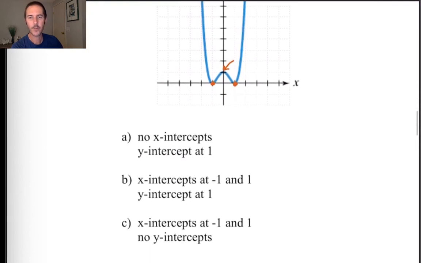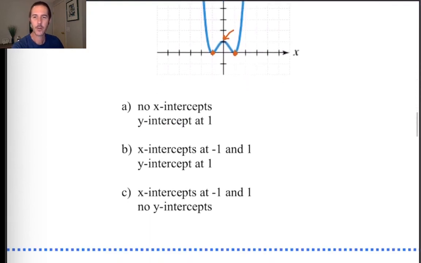And the way that this is phrased, in part B, it says we have x-intercepts at -1 and 1. So there's sort of an understanding that -1 and +1 there are x values because we're talking about an x-intercept.